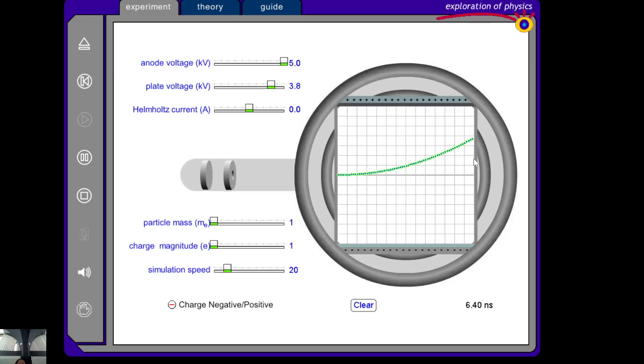Okay, so delta y will be the y displacement. You will have delta x. So the acceleration is only along the y component. Now I can change the voltage, and now the electron is going to go down like a projectile motion.